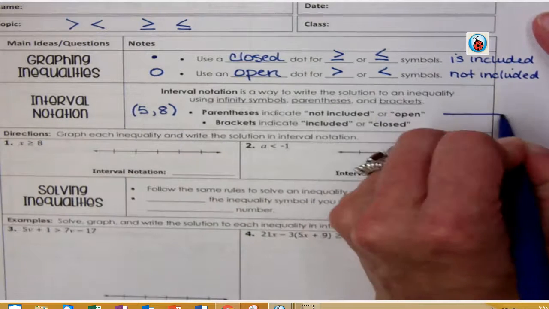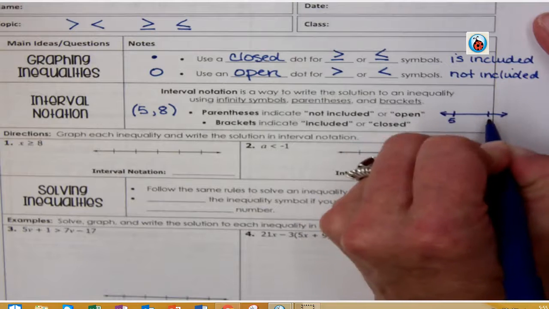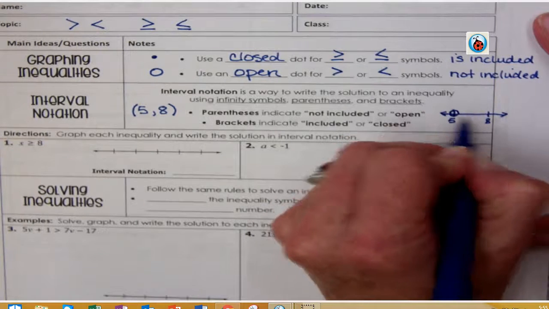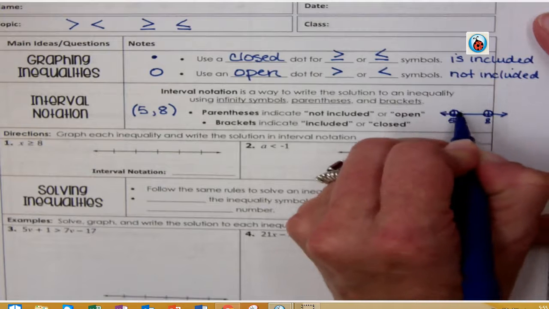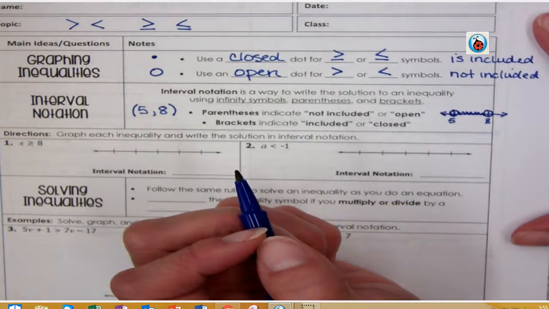So this would be your open number line. If this was 5, this would be 8. This notation would mean an open dot here, an open dot there, and all of the numbers in between.